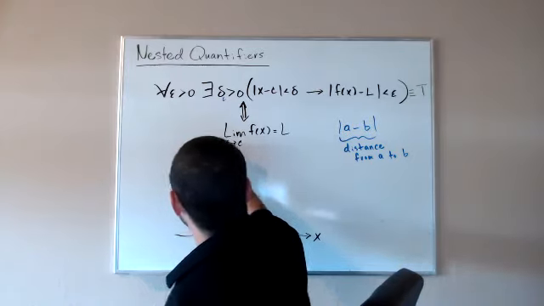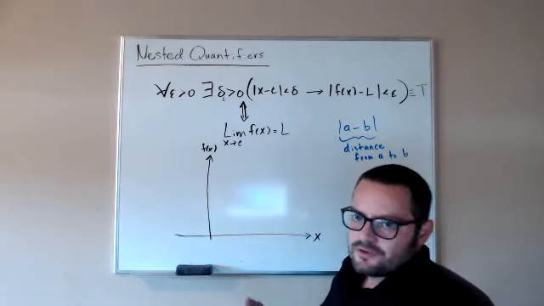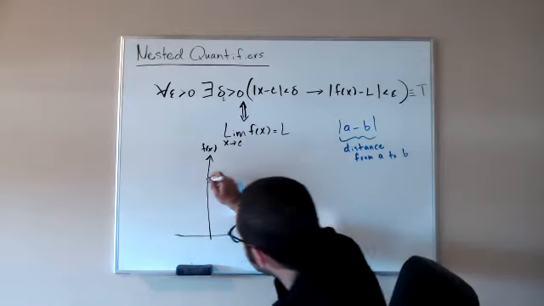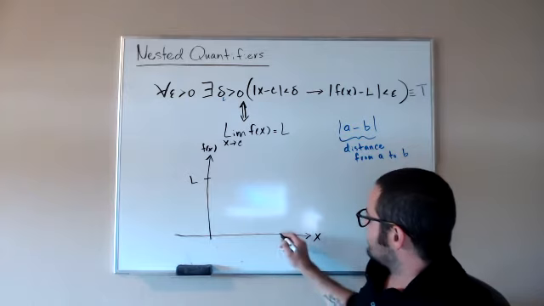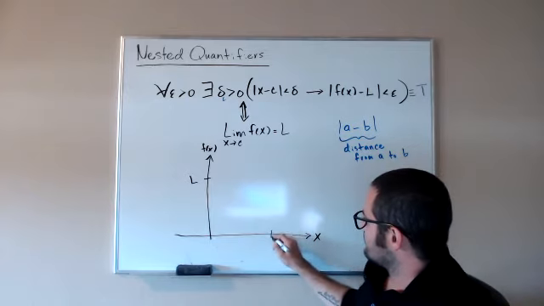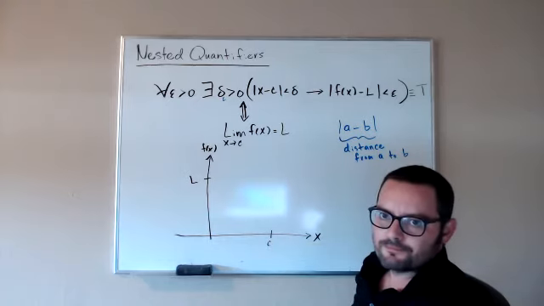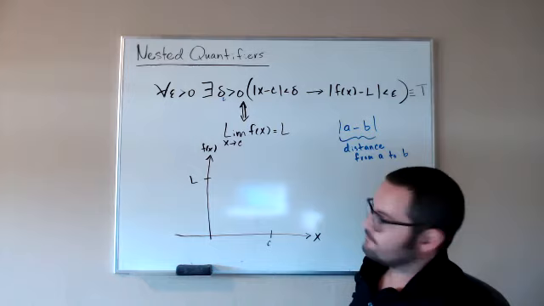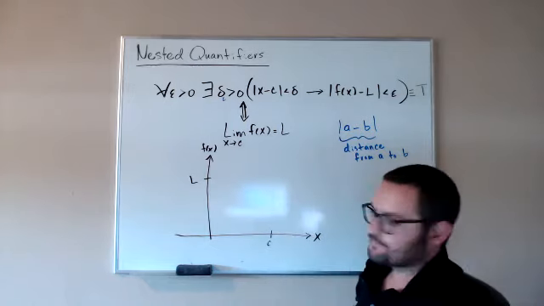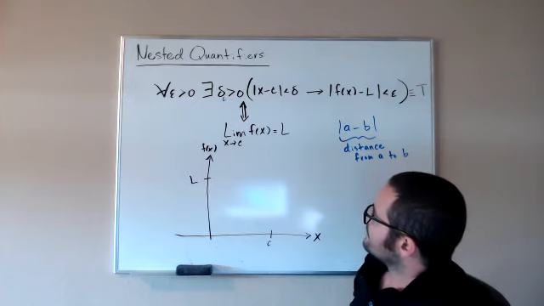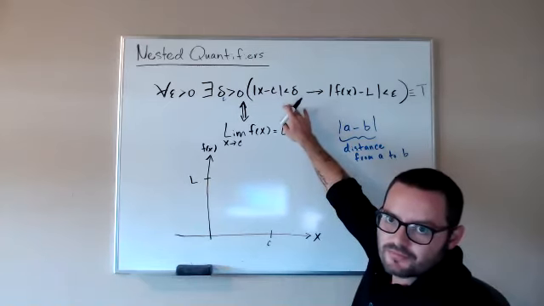Here x is the input and this is f of x. Now suppose there's some number L right there, and then suppose there's a number here, call it C. Suppose that f converges to L as x approaches C. If we're assuming this is true, then this definition has to be true, always.